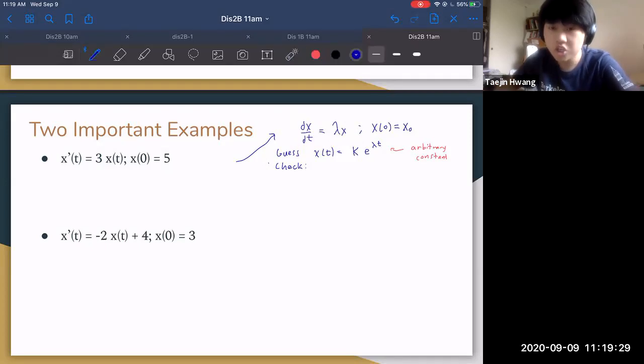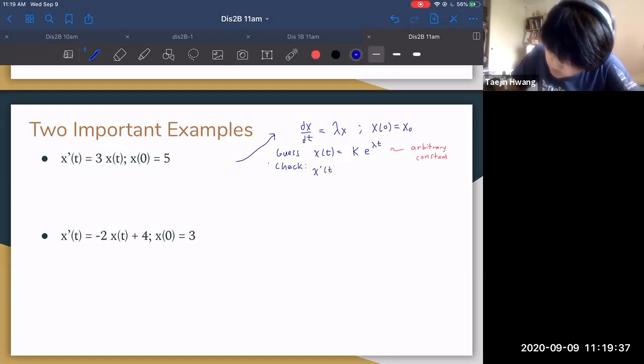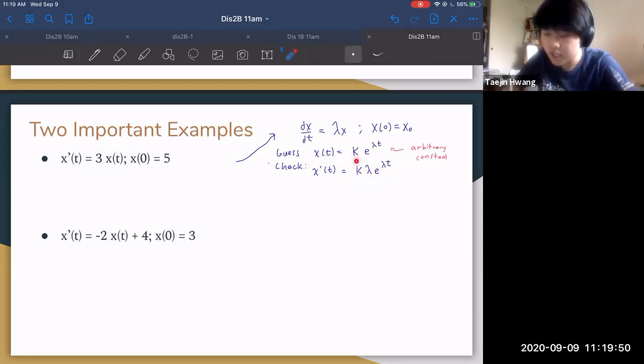The way to check is just to take the derivative, since we have dx dt. So the derivative of this function, k e to the lambda t, is just going to be equal to k lambda e to the lambda t, since the derivative of e to the lambda t is lambda e to the lambda t, and k is just some constant.